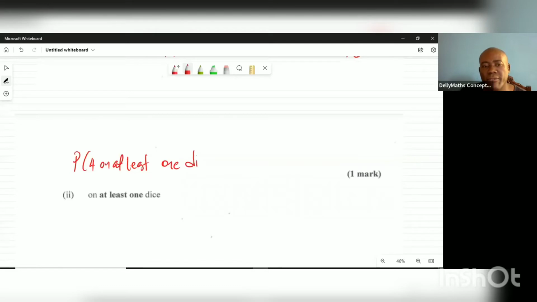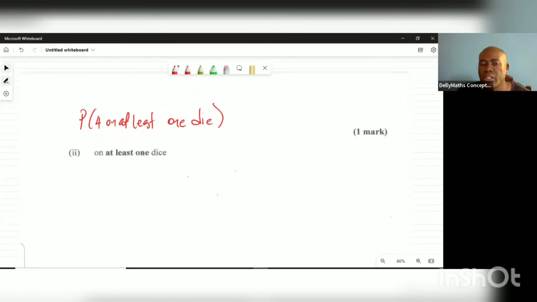Now, if you're going to get a 4 on at least 1, we have 2 different dice. These ideas are slightly different in the way we're going to approach it. So it is on 2 different dice, at least 1.